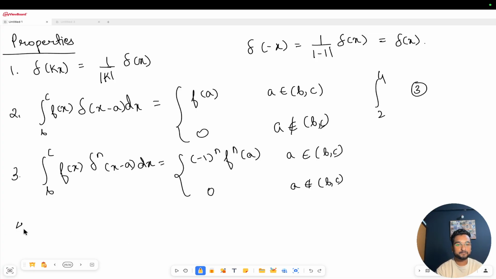Next, the fourth property is the Dirac delta function of a function g of x, where g of x is some other function.